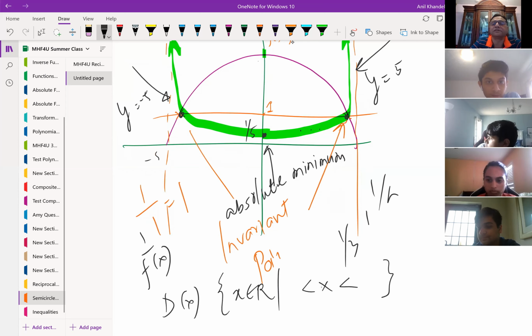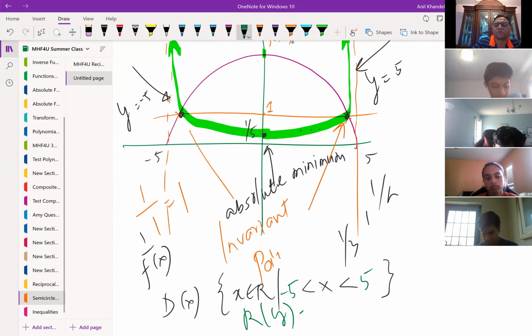Yes, Akshit, please tell. Sir, would it be 5 and minus 5? Between minus 5 and plus 5, not including those points, because we have a vertical asymptote. Within the domain, the vertical asymptote will not be included. Is that clear?